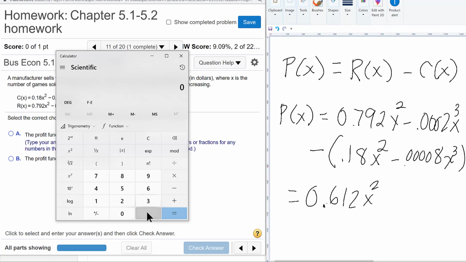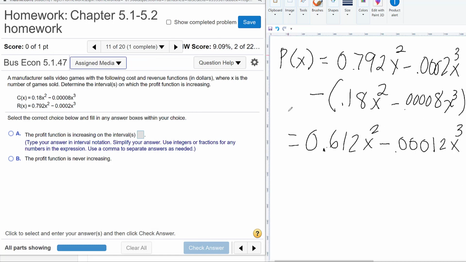So it's going to be 0.0002, and it's negative. Add to that 0.00008, and that gives me minus 0.00012 x cubed, and that is simply the profit function.